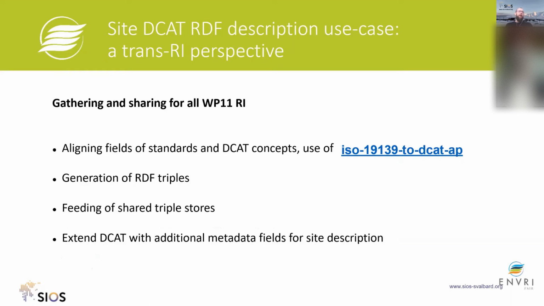So as I said, this is ongoing work, and the solution will be shared with the whole community, and then hopefully implemented in the EOSC, the European Open Science Cloud. So let's see how it works in the next years.